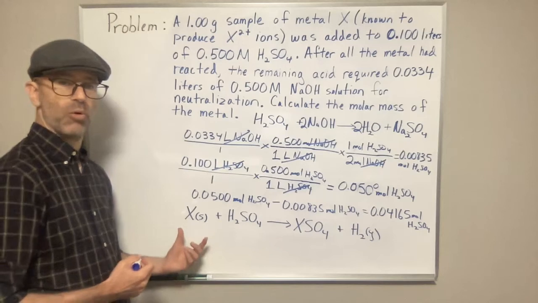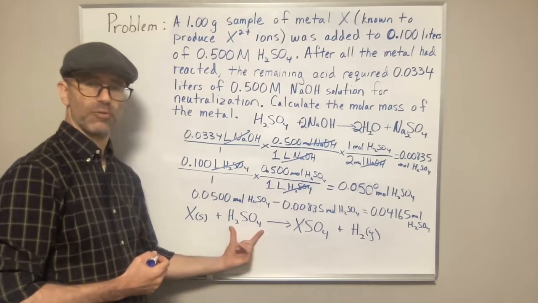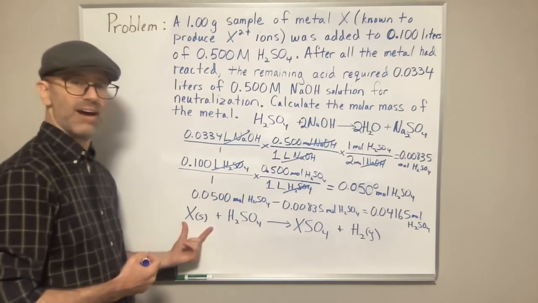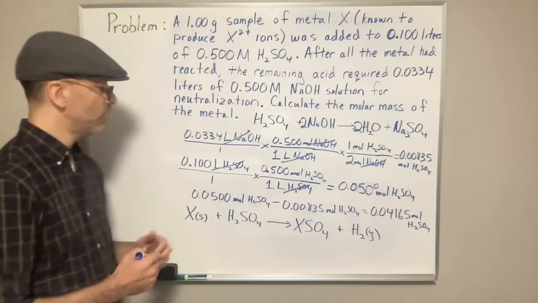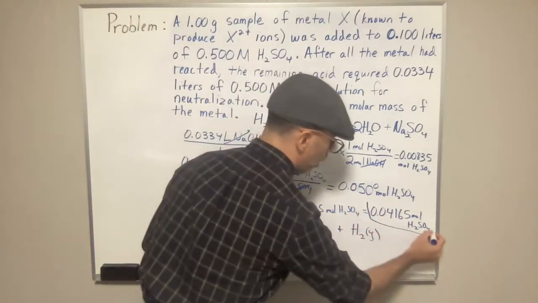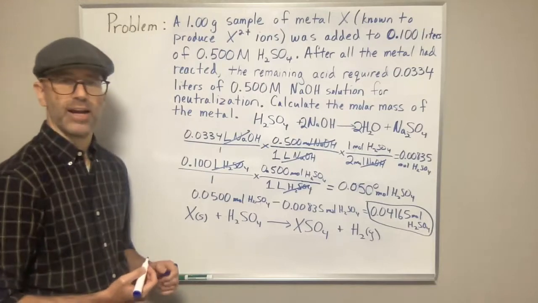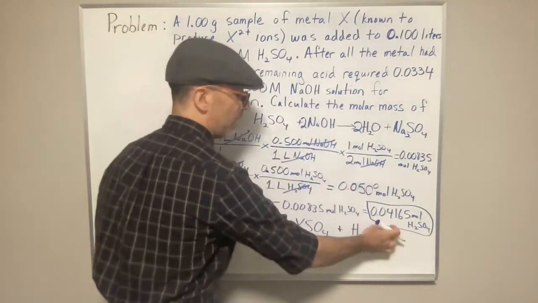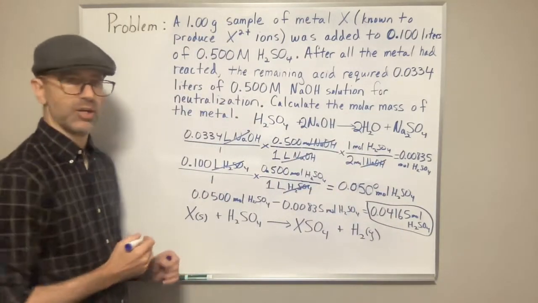So the number of moles of my sulfuric acid that reacted is equal to the number of moles of my metal. Since this is the amount of H2SO4 that reacted, that's the amount of metal that I started with.